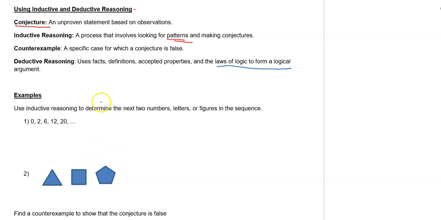But the biggest difference in inductive versus deductive is in inductive, it's all about those patterns. You see this is happening, this is happening, this is happening, then you can say, oh, I bet this will happen next. Versus deductive reasoning: a man went to the store, he paid cash for his Coke.